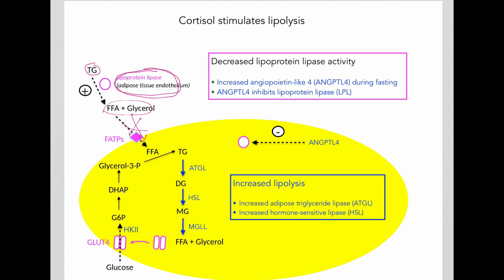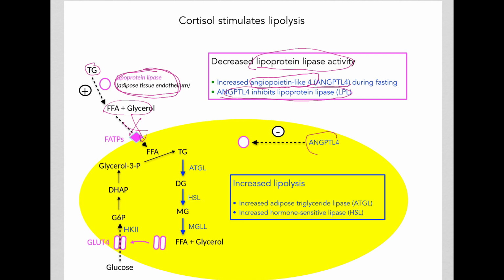And this decrease in lipoprotein lipase activity is carried out by increasing the amount of this protein called angiopoietin-like 4 or ANGPTL4. This ANGPTL4 is a very strong inhibitor of lipoprotein lipase.